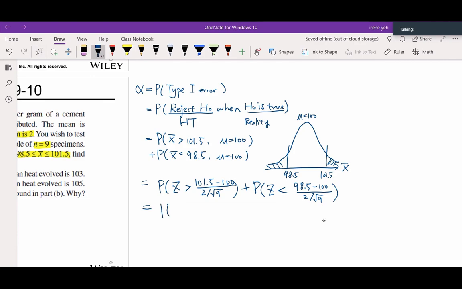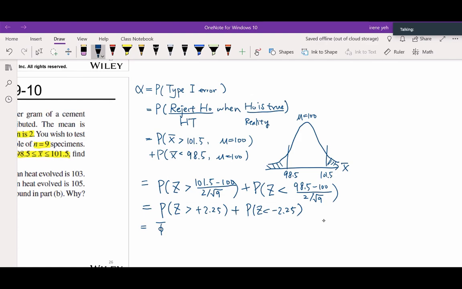So probability Z greater than positive 2.25, probability of Z less than negative 2.25. Okay.